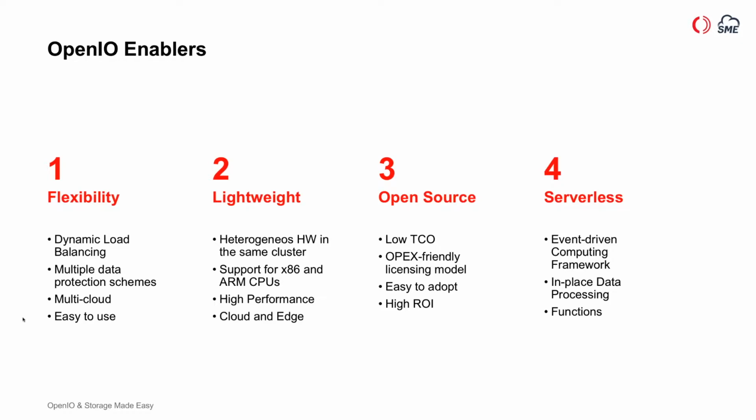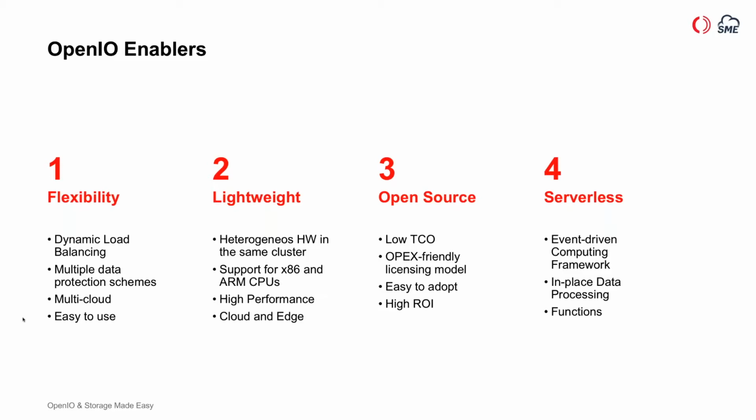And the product is really easy to use. The command line user interface is very simple, and the web UI also helps you go through the administration and day-to-day tasks. It's lightweight. It means that it can run on one CPU core and 500 megabytes of RAM, and it can run on heterogeneous clusters.